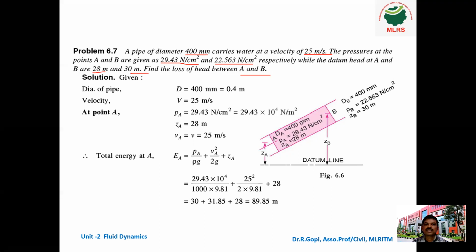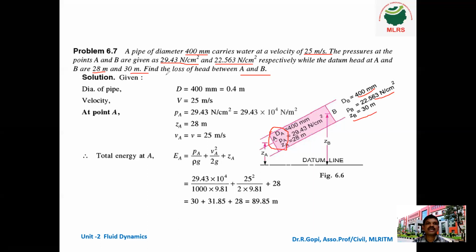So now consider this is the cross section of the pipe. This pipe has 400 mm diameter, pressure at A 29.43 Newton per centimeter square, and ZA, that means the datum head, is 28 meter at section A. Now at section B, the diameter is the same, that is 400 mm, and pressure is 22.563 Newton per centimeter square, and ZB, the datum head at B point, is 30 meter.